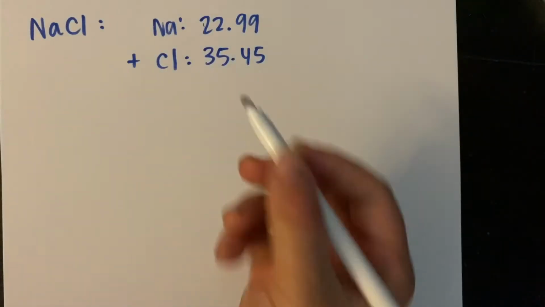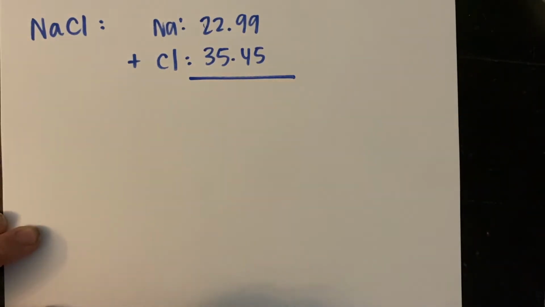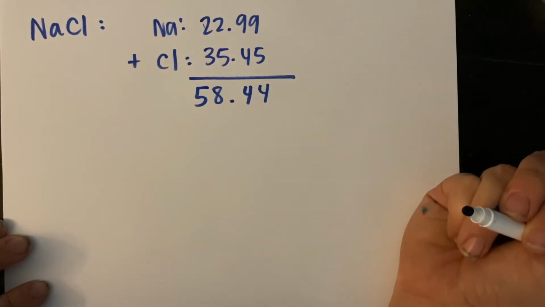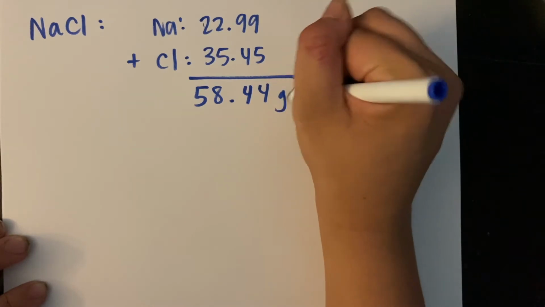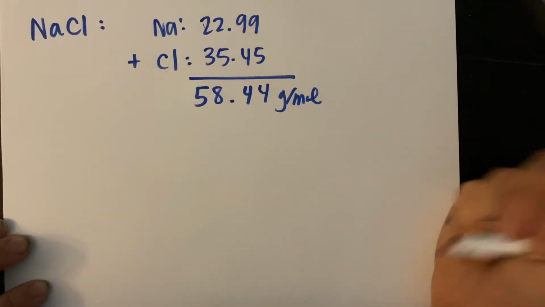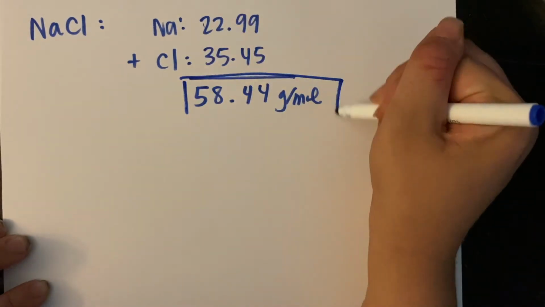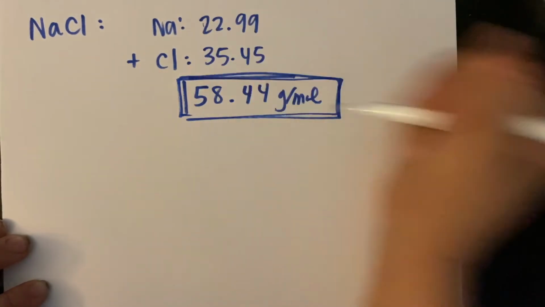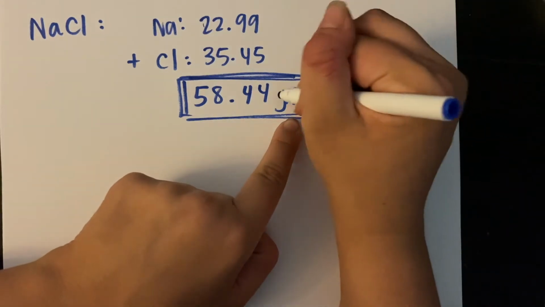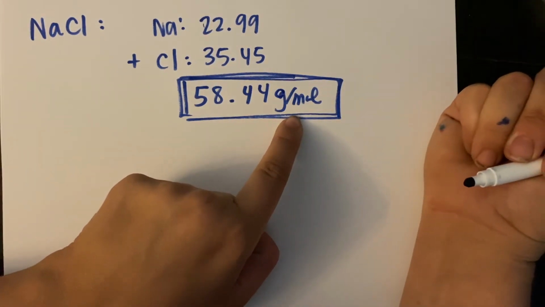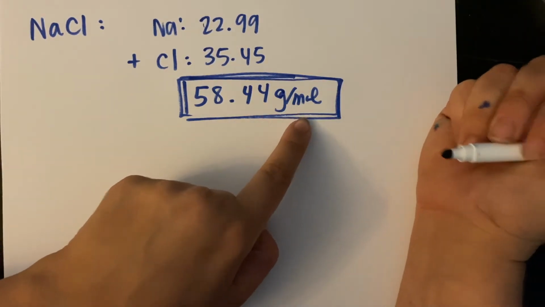You add them together and you get 58.44 grams per mole. Don't forget your units. Don't have naked numbers. If you're asked for the molar mass of a compound or a molecule or an element, make sure you give your units in grams per mole.